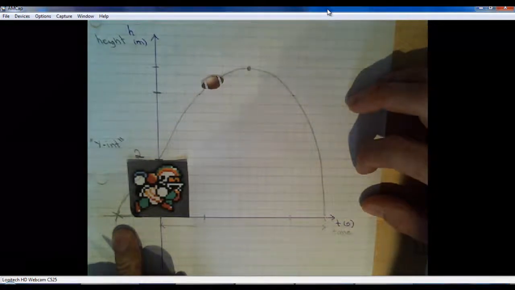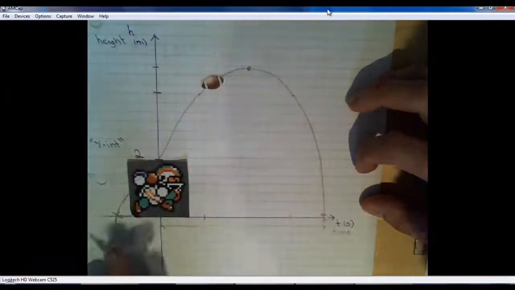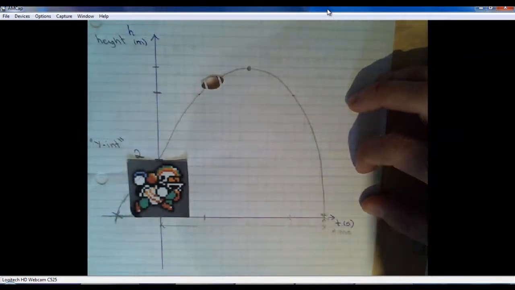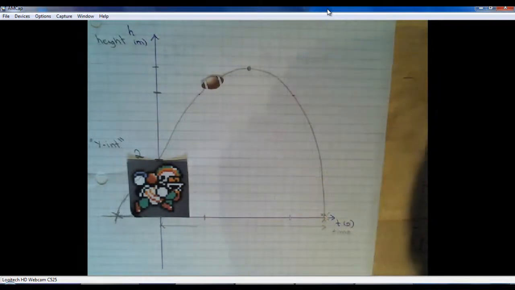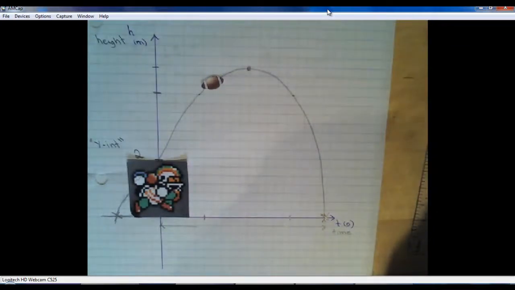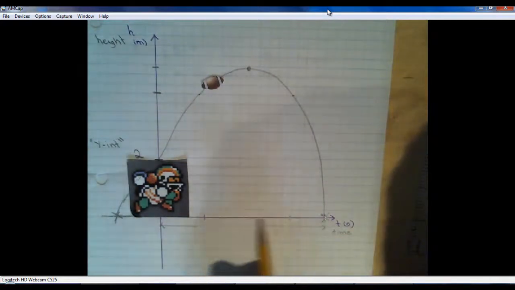So when we do our solutions to a quadratic formula, we'll get two solutions. We'll get this solution as an x-intercept, or as a root, and we'll get this solution as an x-intercept. And only one of them will matter because this one's negative and negative time doesn't make sense, and the other one will be positive. So basically, if you want to figure out how long, in part A, the ball was actually in the air, you need to solve this quadratic, and to solve this quadratic, you have to solve it for when the height is 0, because at this point, the ball was thrown.